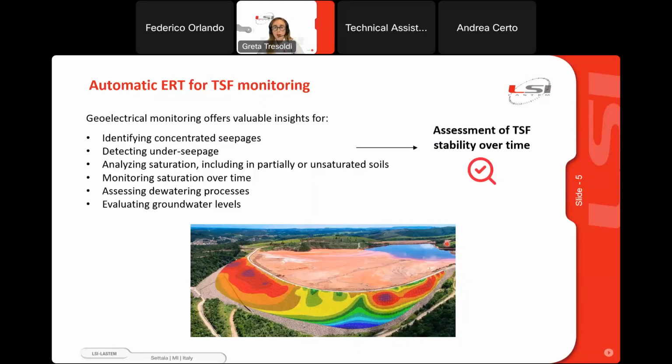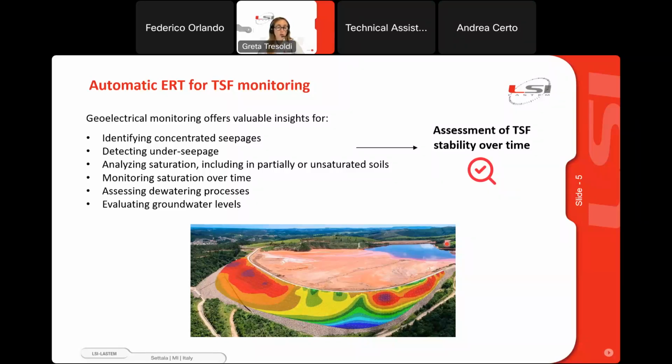Geoelectrical monitoring offers valuable insights for different water-related processes. For example, it can give a hand in identifying concentrated seepages, detecting under seepages, analyzing the saturation over time, and not only in fully saturated soil, because the electrical current can pass also in partially or unsaturated soil, so you can have some information on the percentage of water content.